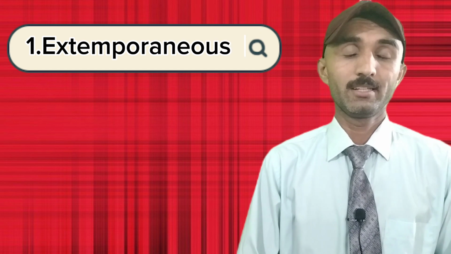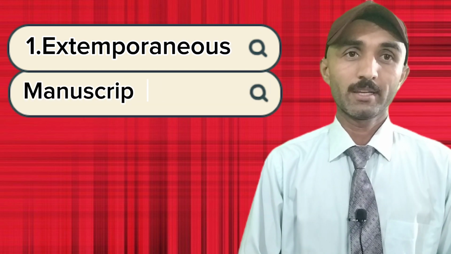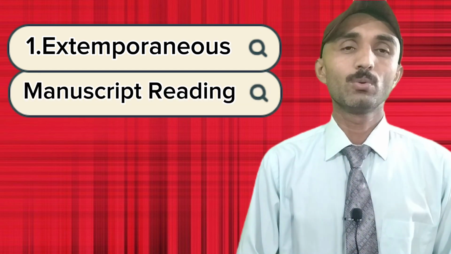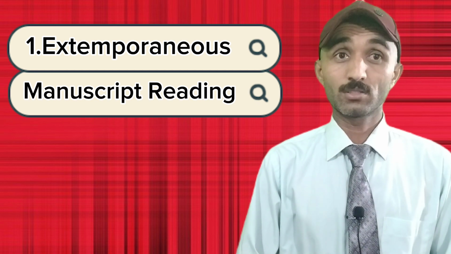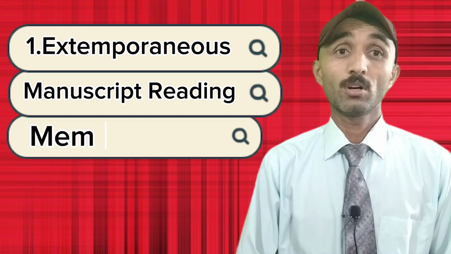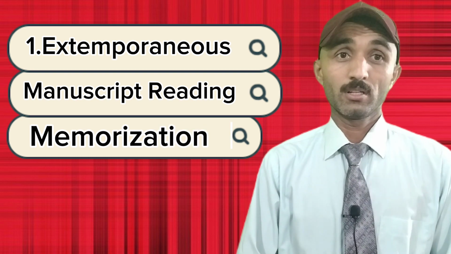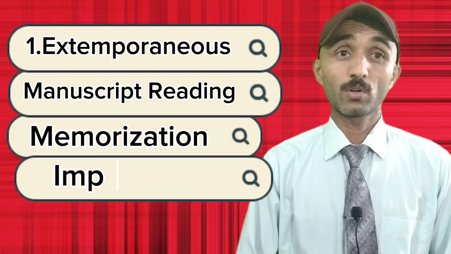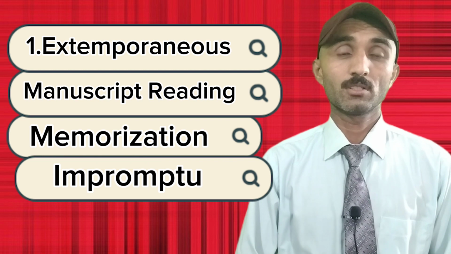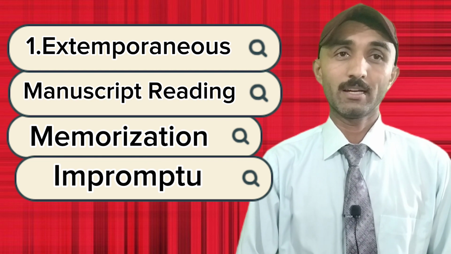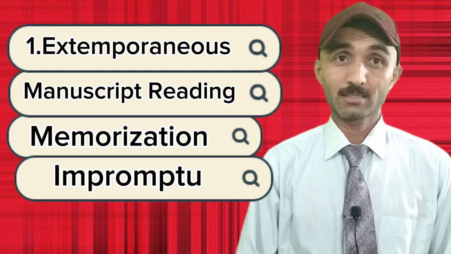The first method we can use for our presentation, our oral message to an audience, is extemporaneous. Extemporaneous means you can make outlines of your speech, of your message. You can make outlines of the subject matter you are going to present.